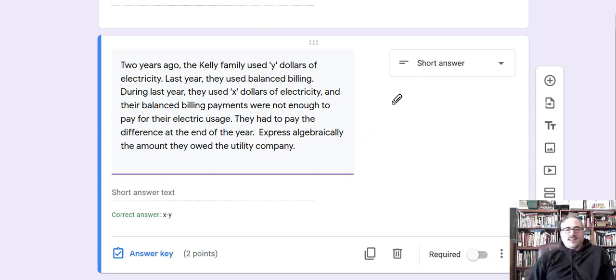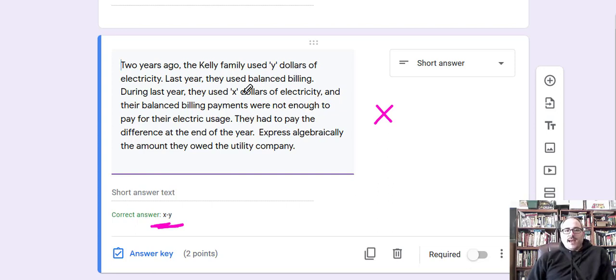Okay, so it goes like this. This is that skill of expressing things algebraically that I want you to get. Unfortunately, you probably all see that I accidentally left you the correct answer right here on this form. That's okay. Last year they used X dollars of electricity, right? And two years ago, they used Y dollars of electricity.